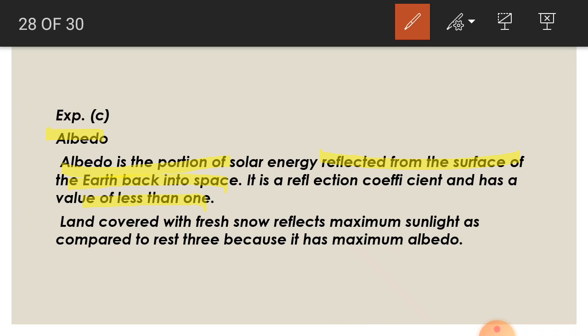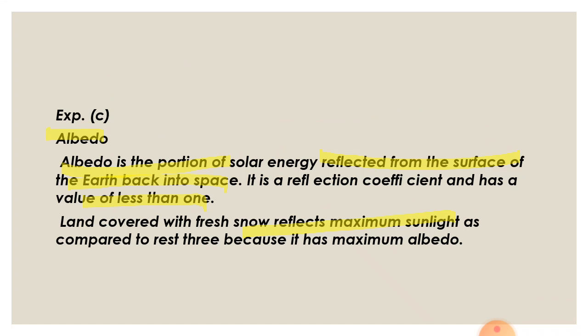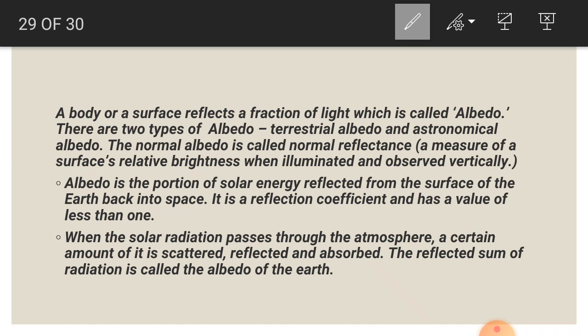Every object has a different reflection capacity or reflection coefficient. Snow has the maximum reflection capacity, meaning snow has the maximum albedo. So our answer will be C, land covered with fresh snow, having the maximum capacity to reflect sunlight back. Let's go into more detail.